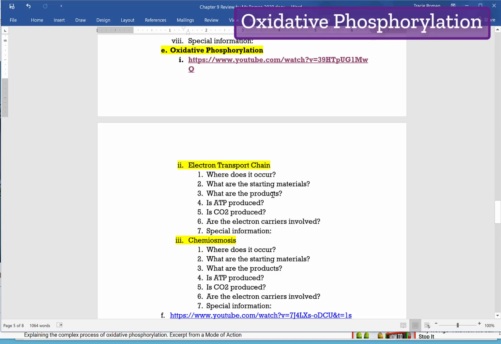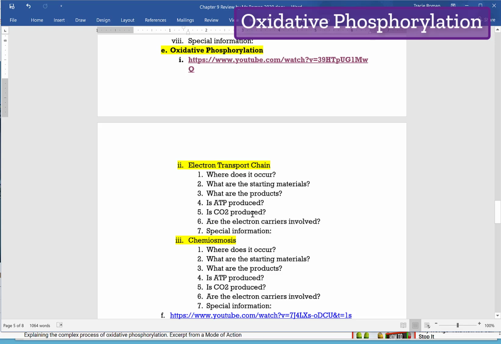So when oxygen grabs onto those electrons, it will grab hydrogen as well and form water. So technically water is also a product of the electron transport chain. During the electron transport chain, technically ATP is not produced. But you have to be careful because some textbooks, etc., will call the whole process electron transport chain. So I will not get that nitpicky with you.